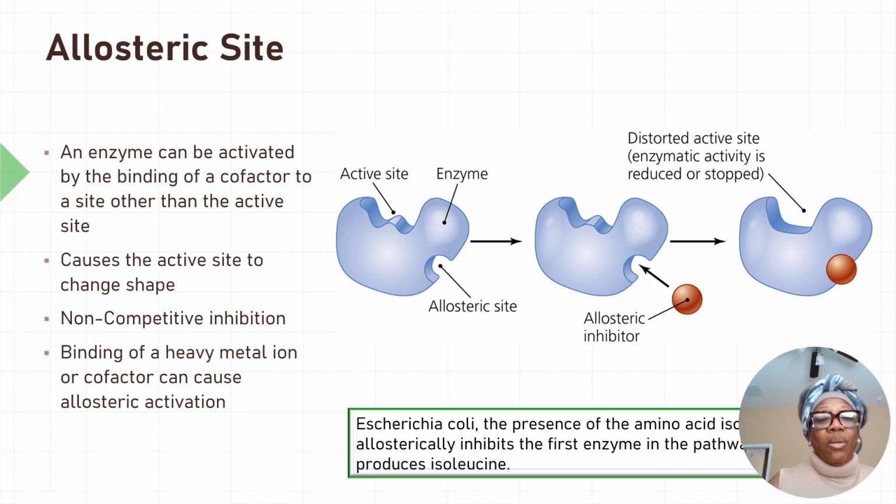The binding of a heavy metal ion or some cofactor can cause this allosteric activation, which is the changing of that active site. But also, there are some microorganisms that can bind allosterically, say, for instance, E. coli or Escherichia coli. It can actually bind allosterically to prevent certain processes going forward within our cells.